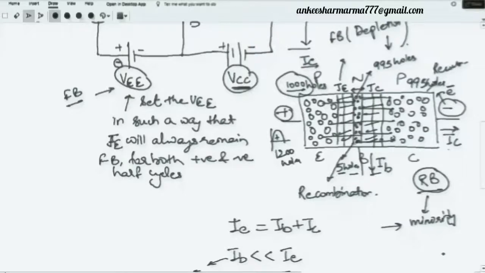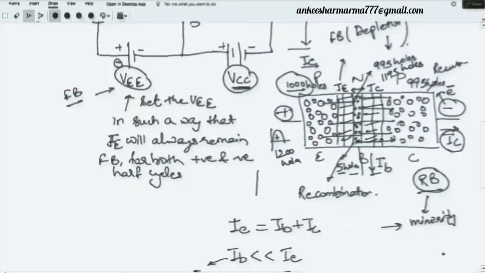So definitely only 5 holes will combine, and I will be left with 1195 holes. Earlier it was 995, now it has increased because the positive half cycle came. Due to that, these 1195 will result in more current, and the value of IC will increase slightly in comparison to the 1000 case, right?